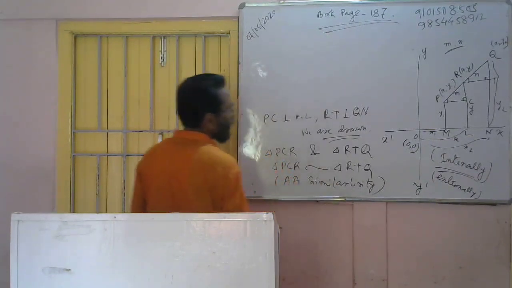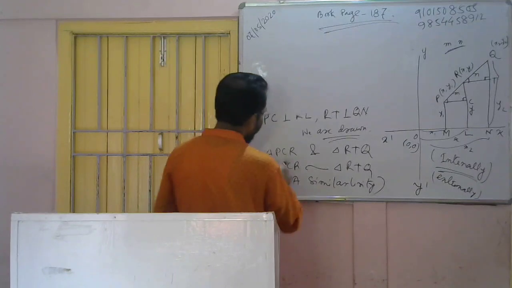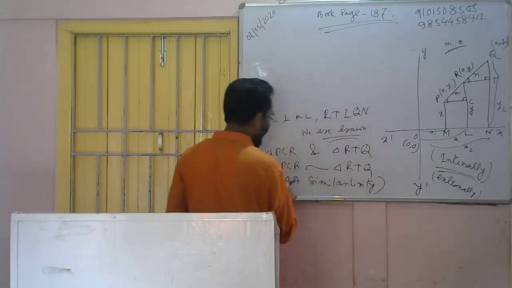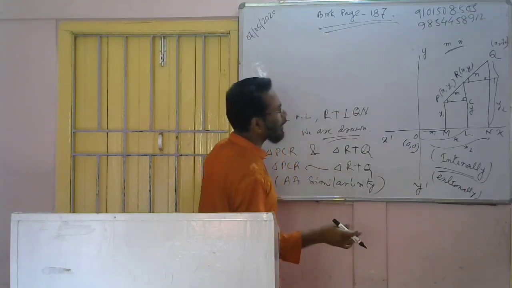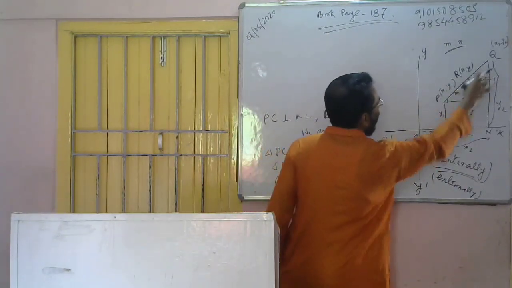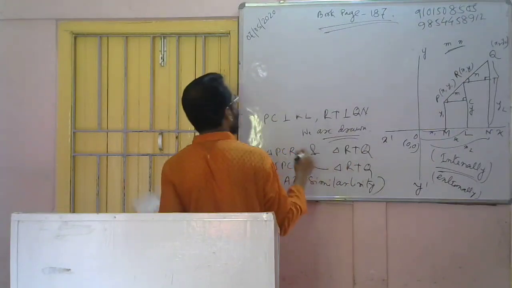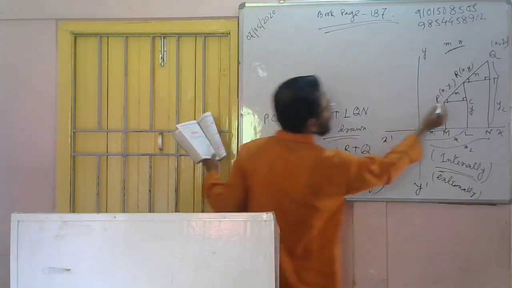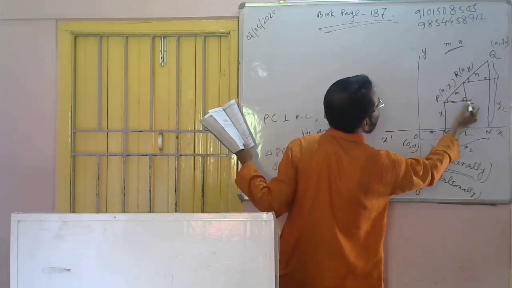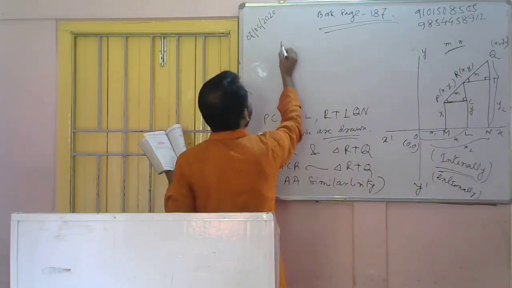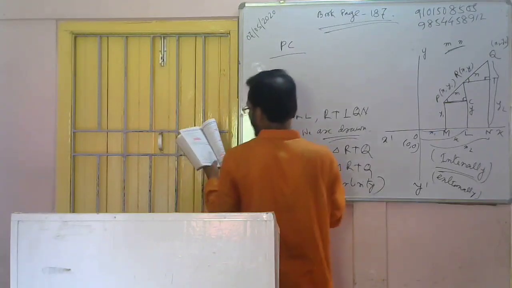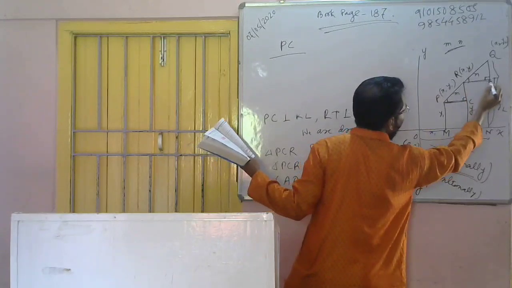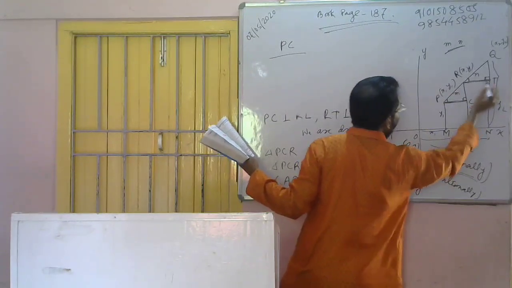Now, angle similarity: as I said earlier, if two triangles are similar, then the ratio of the corresponding sides of the two triangles is the same. From this triangle we get PC, and from that triangle the corresponding line is RT.